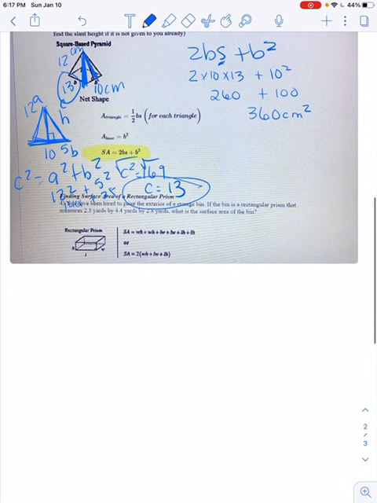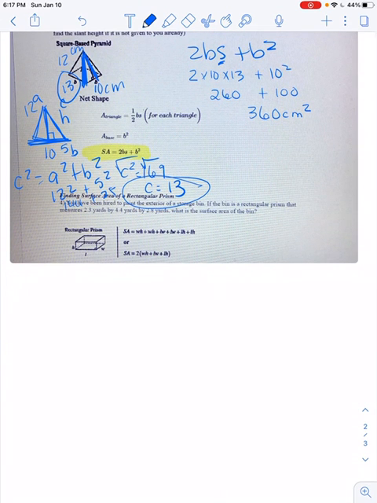For a rectangular prism, here it says we have a storage bin that is 4.4 by 2.3 with a height of 2.8. The formula we're using, 2 times width times height plus length times width plus length times height.